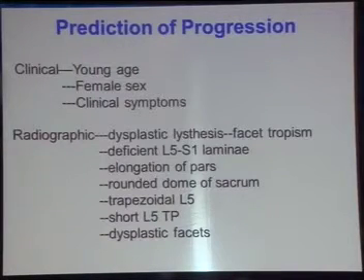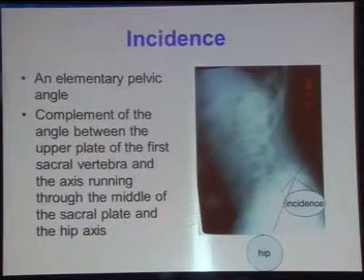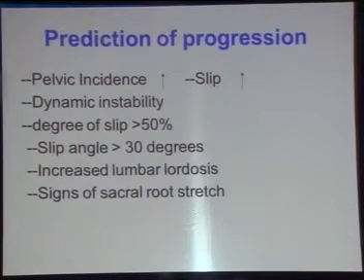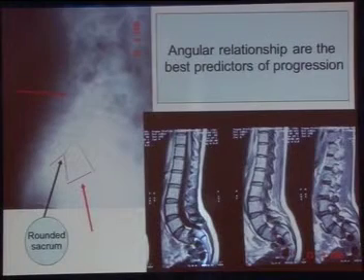And radiographically, there are dysplastic listhesis features like facet tropism, deficient L5S1 laminae, elongation of the pars, rounded dome of sacrum, trapezoid L5, short transverse of L5, dysplastic facets. And increase in pelvic incidence, increase in slip, dynamic instability, degree of slip more than 50%, slip angle more than 30 degrees, increased lumbar lordosis and signs of sacral root stretch. All these are indications for treatment.